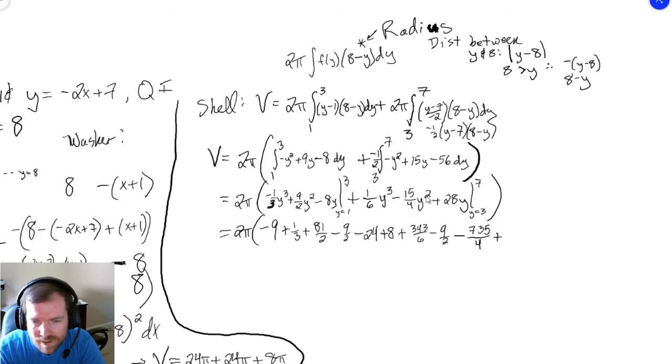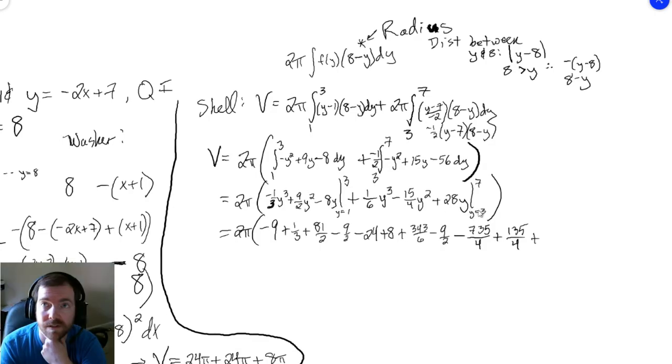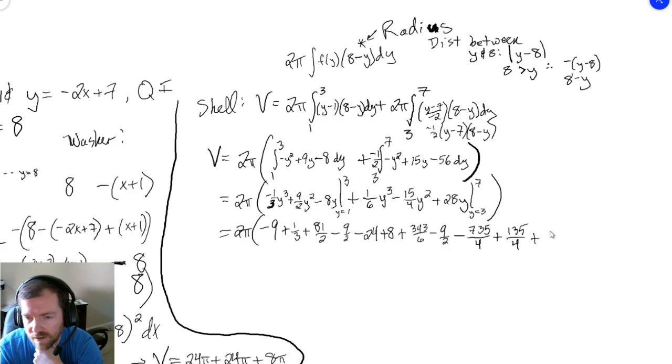3 squared is 9 times 15 is 135 over 4. These are at least going to be nice. Alright, and then we get a plus 28 by 7 is 49 by 4 is 196.